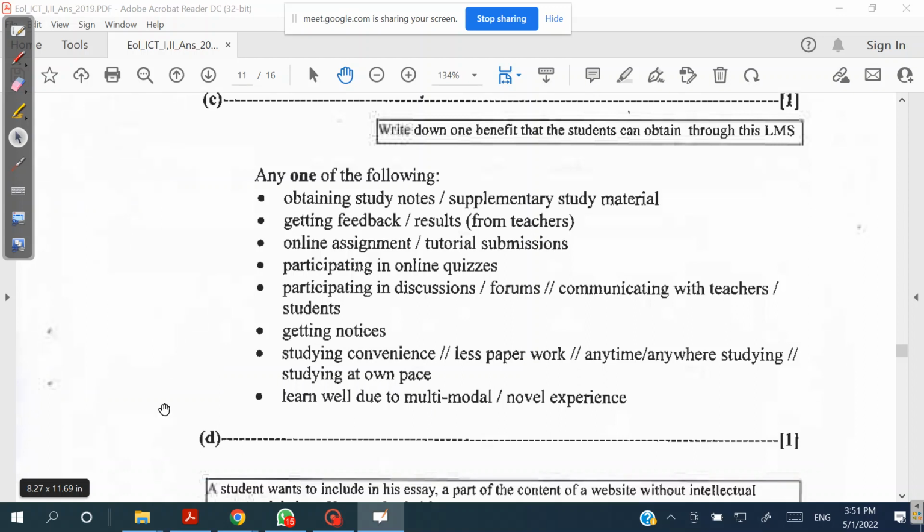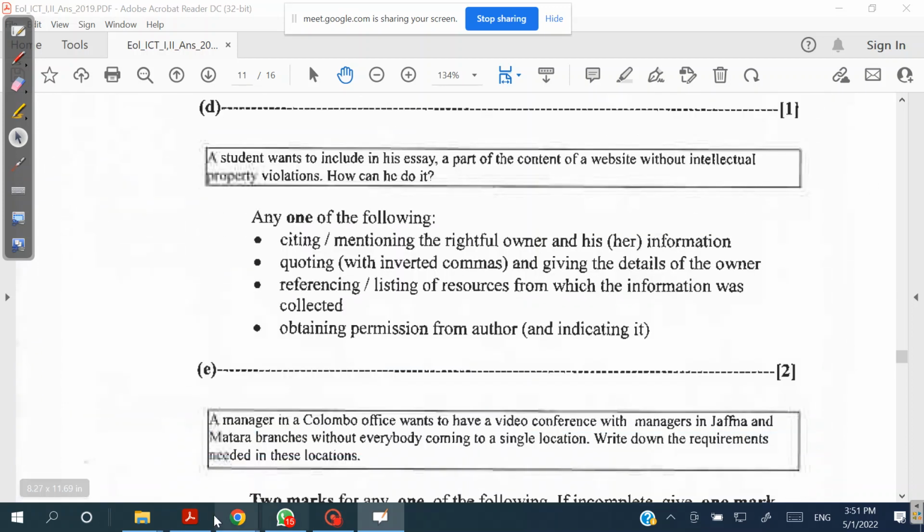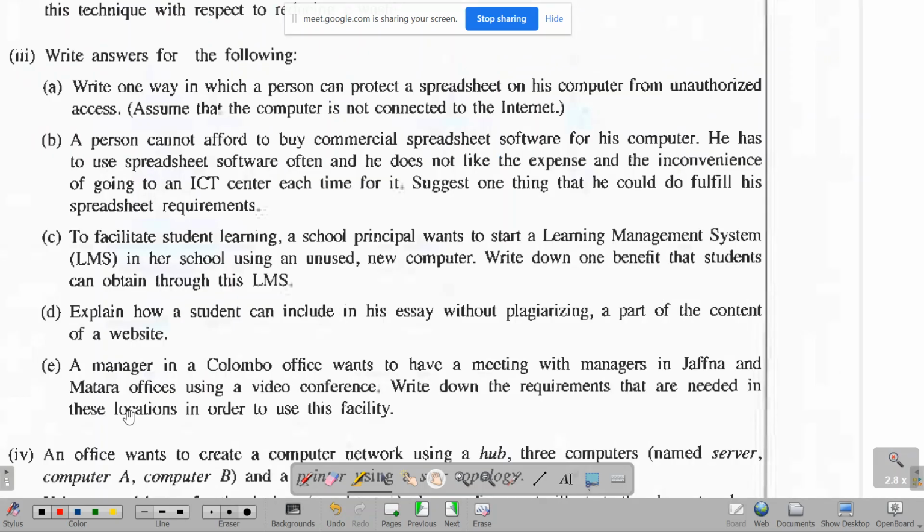Okay, moving to the part D. In part D, they are asking to explain how a student can include in his essay, without plagiarizing, a part of the content of a website.